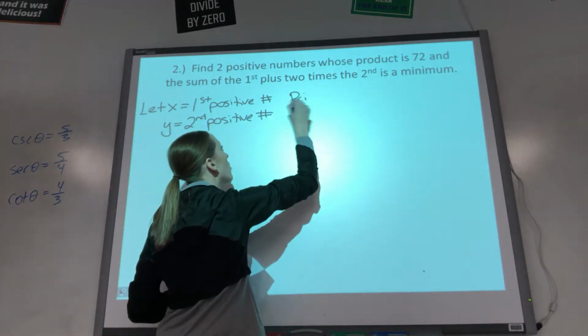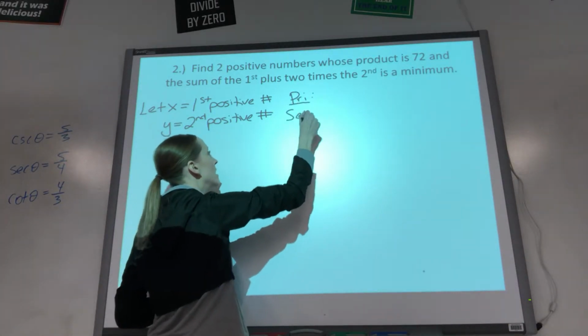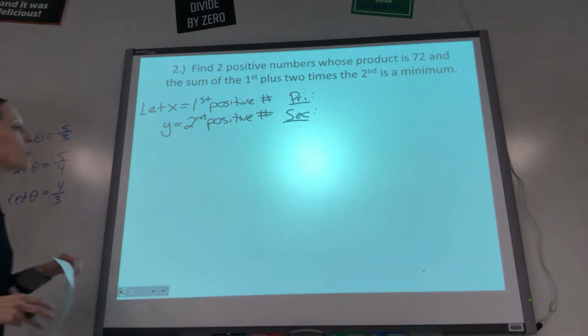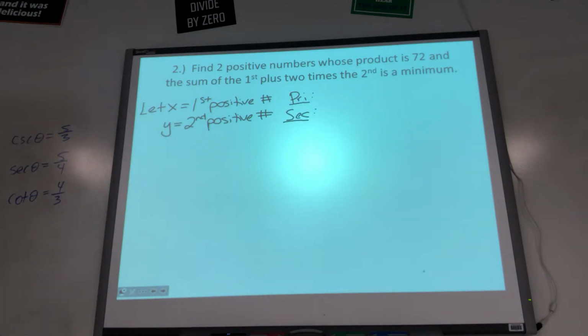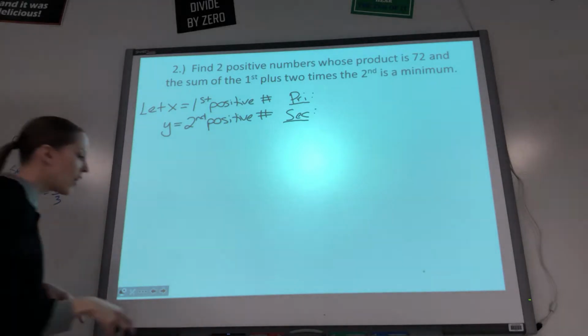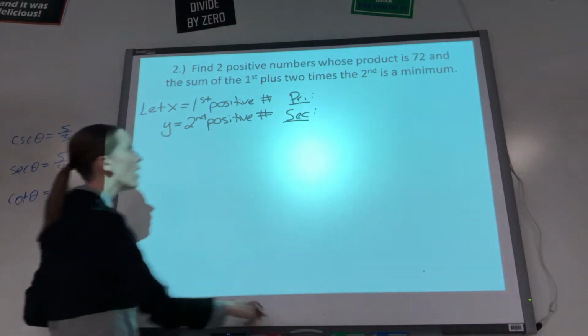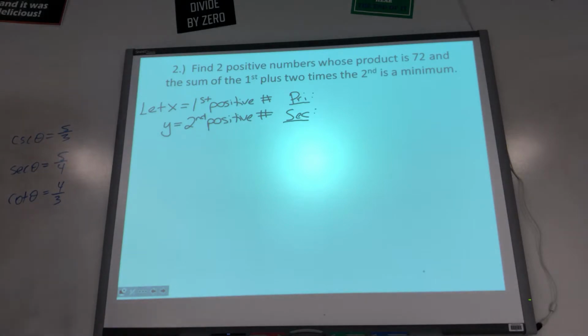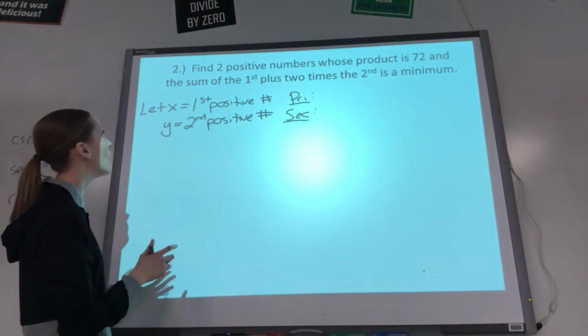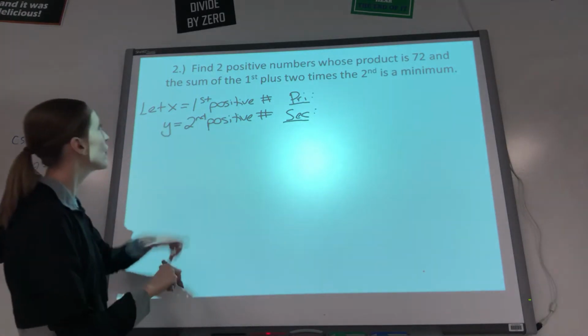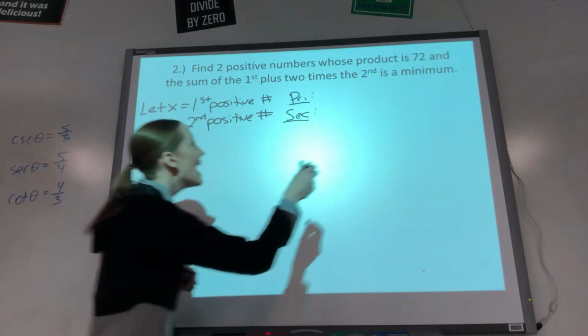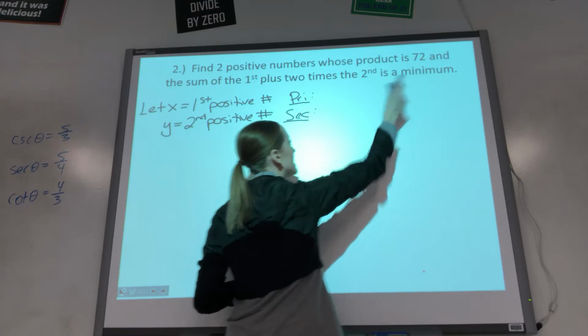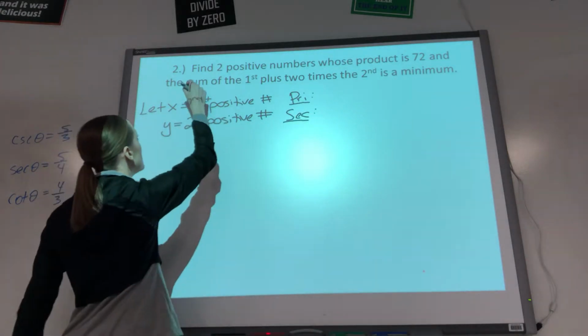All right, primary equation, secondary equation. Remember, the primary equation should always be the part of the problem that talks about the maximum or the minimum. So I'm reading through the problem here, and I see at the very end is where they talk about the minimum.